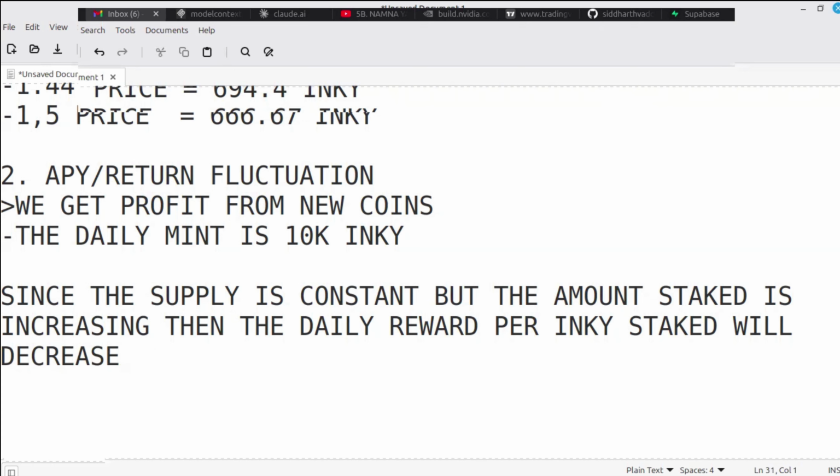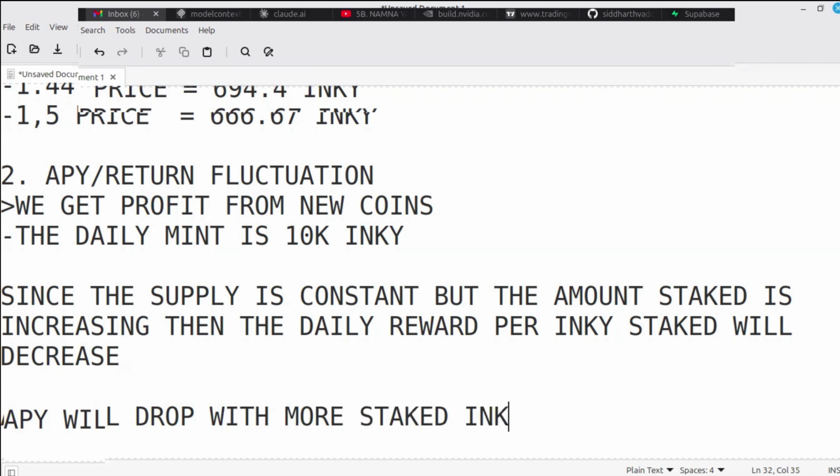So this means that the APY will drop with more staked INKY. As more people are staking, the APY is going to decrease.